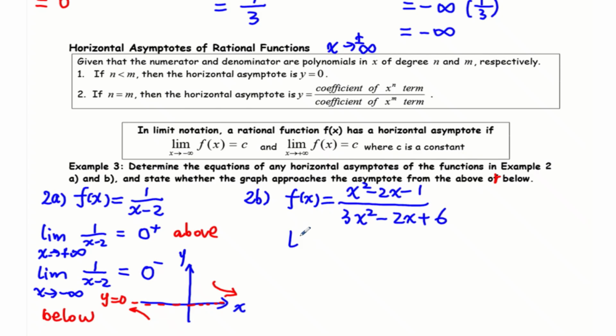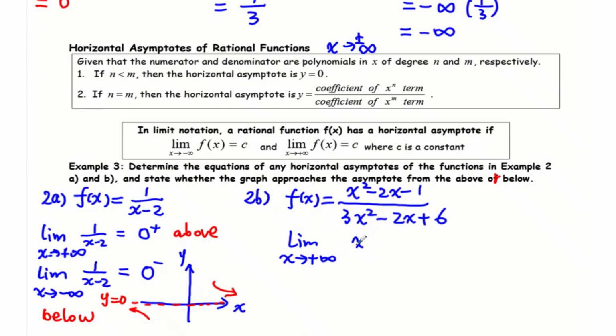So the limit when x approaches positive infinity, we have done it. We take the highest degree, x squared, out, and then we have 1 over 3 left. And we are going to see whether it is positive or negative. So 1 over 3, we could do it again.